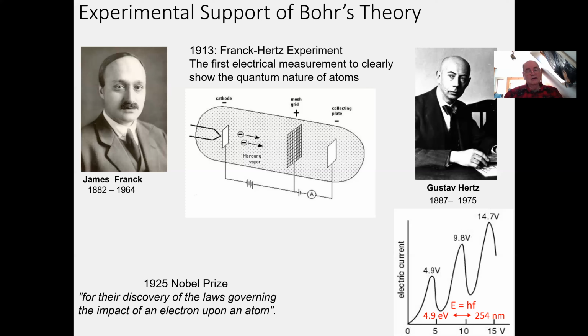And therefore, Bohr says, there'll be ultraviolet light coming out of this tube, right? There's energy being released by the mercury atoms. What you'll see is not just the normal spectra of mercury, which was well known.